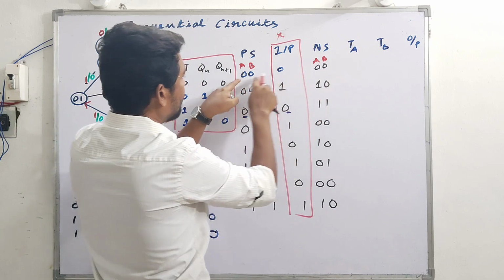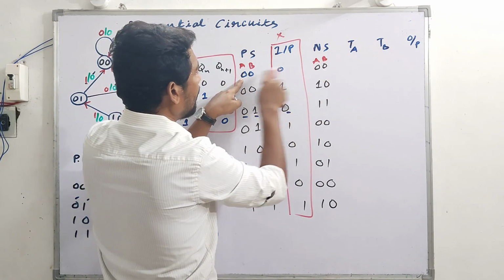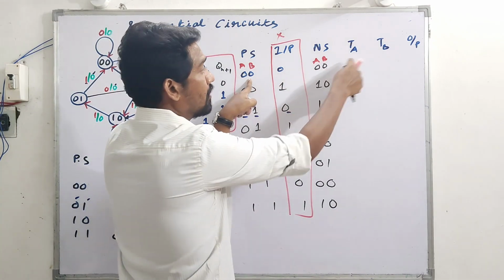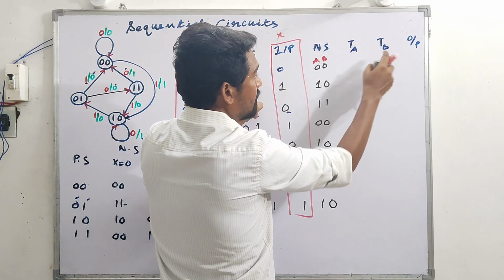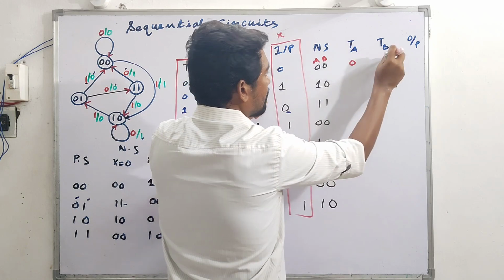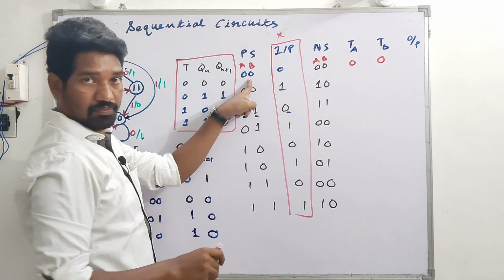In the sense, there is no change in A and there is no change in B. So there is no change in the input TA and there isn't any change in the input TB also, so it's a 0 and it's a 0.